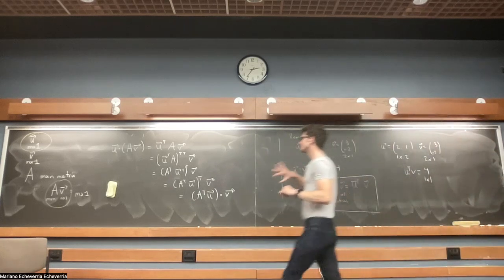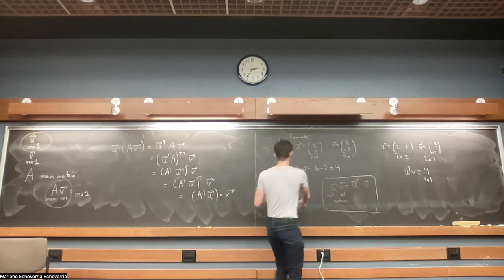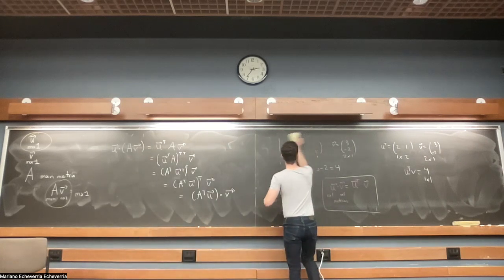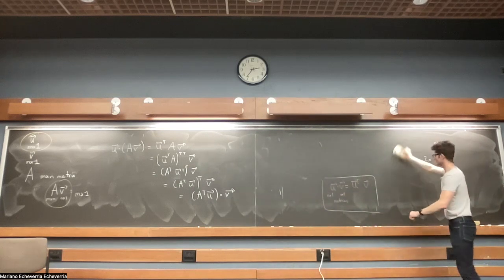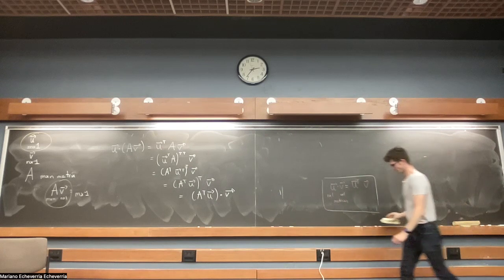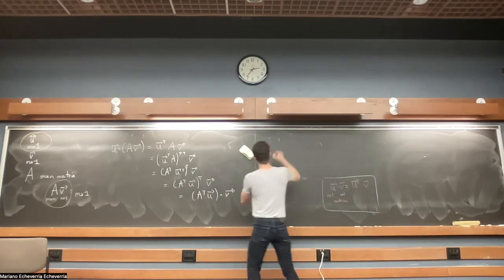So let me write this in the box. Next to this property, let me put this key property. So this is actually the key property of the transpose.